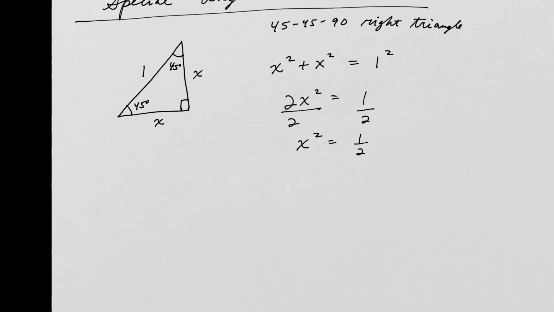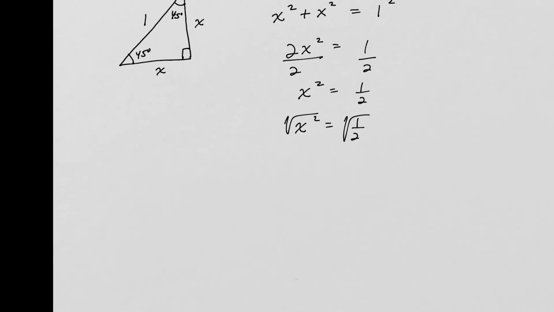And if I take the square root of both sides, again, it should be positive or negative, but in this case, we're going to assume it's positive, because it's a length of a triangle, so it has to be positive. So x is going to be the square root of 1/2.